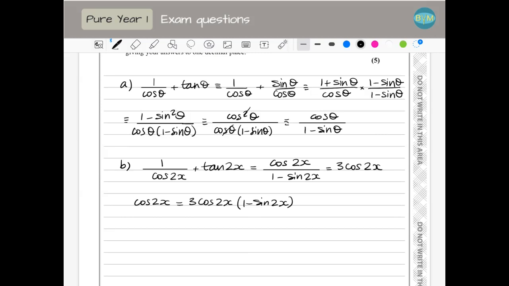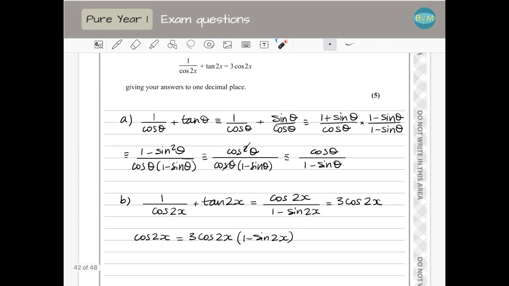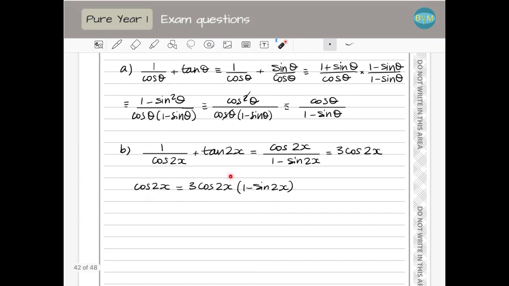It says cos 2x is different from 0, which means I can divide by cos 2x on both sides. And then I have that 1 is 3 minus 3 sine 2x, which means that sine 2x is going to be minus 2 divided by minus 3, which is 2/3.